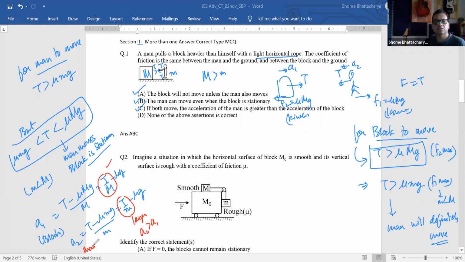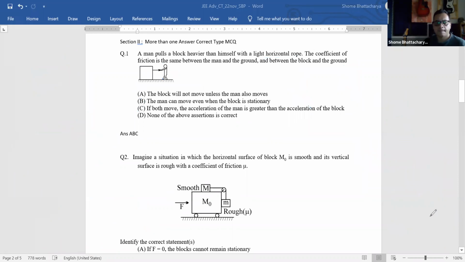So the man's acceleration will definitely be more than the block's acceleration, if both are moving. Okay, good. Let's move on to the next question then.